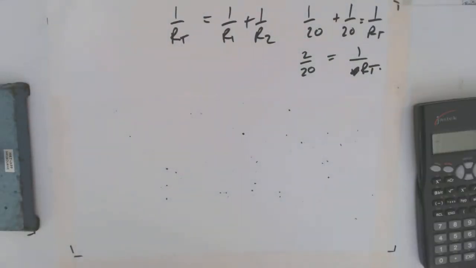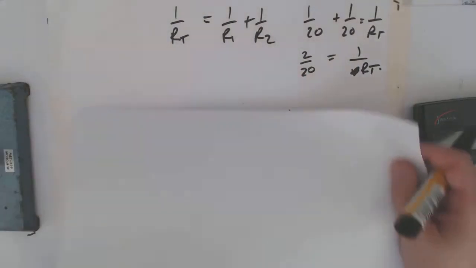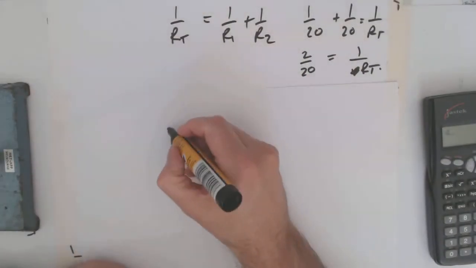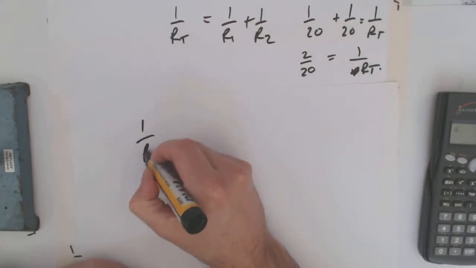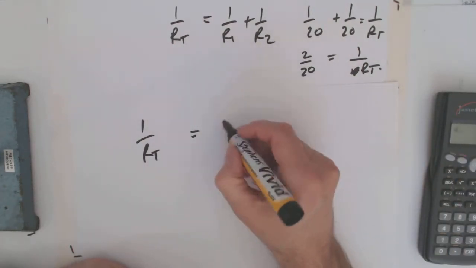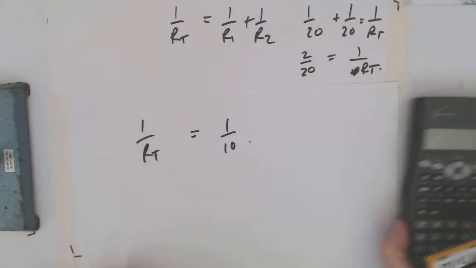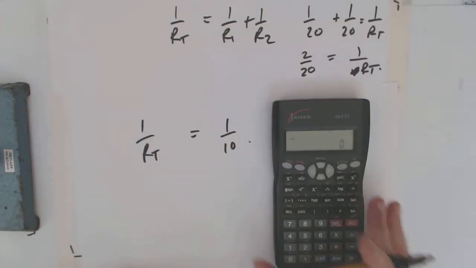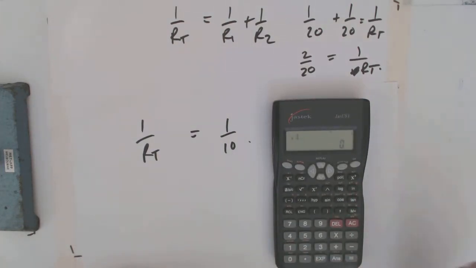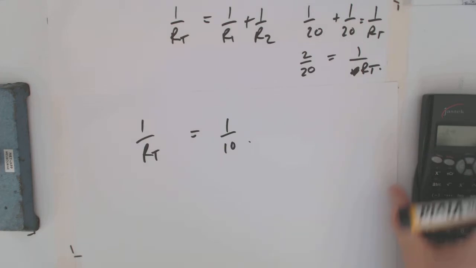So when we've got 1/10, this is a good place to look at the inverse key on your calculator. When you've got 1 over RT equals 1/10, well, 1/10 is 0.1, so on your calculator you've ended up with 0.1. The reason I'm doing this is because it's often a lot more complicated. Just press x to the minus 1, and it gives you 10.